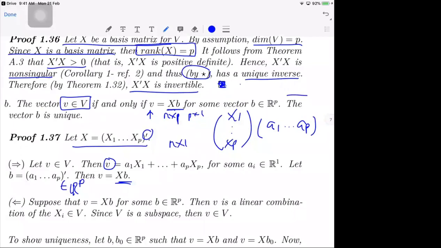So bali ni siya N by 1. Okay, so dapat X. Ang X nako is the prime. Okay. Ang X nako is the prime. Kini siya. So XB is equal to X1 to XP.